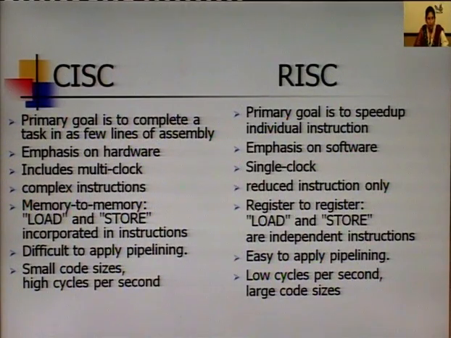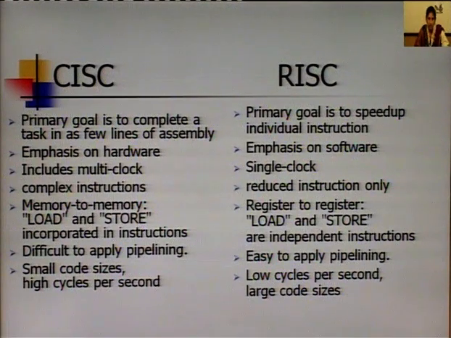CISC uses complex instructions, as its name implies. Instructions are complex because in one instruction multiple operations are performed, while in reduced instructions there is only one operation per instruction. In CISC we have memory to memory operations, and in RISC we have register to register operations, with load and store incorporated in the instructions.